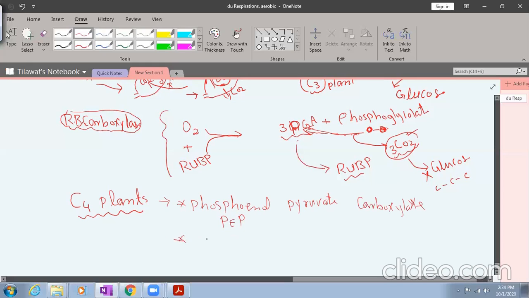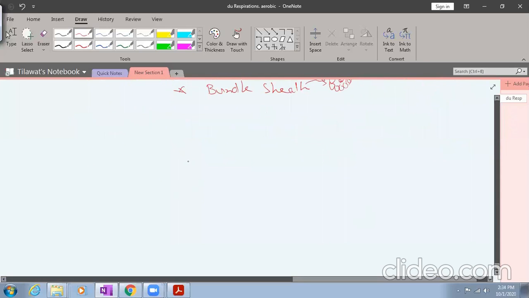And another adaptation they have is the bundle sheath around the vascular bundle. These are cells that are very near to each other, no gap between them, meaning no airspace. That is around the vascular bundle, right? So these are the bundle sheath. How does this help? Let's suppose this is the vascular bundle, and this is your mesophyll cell, right?